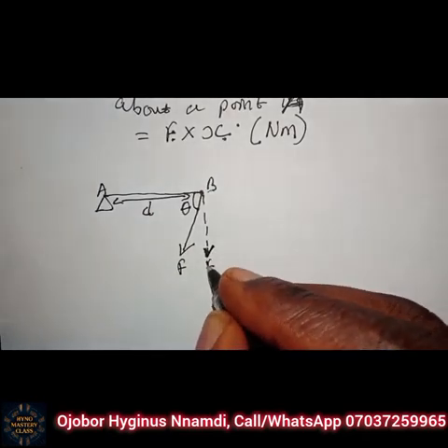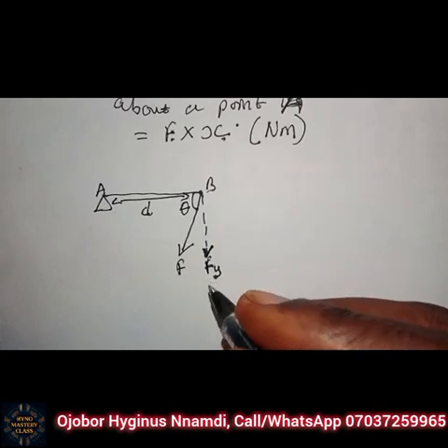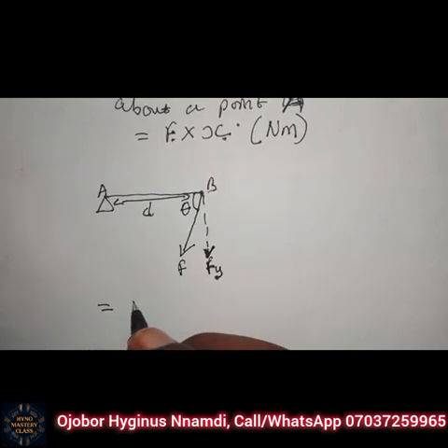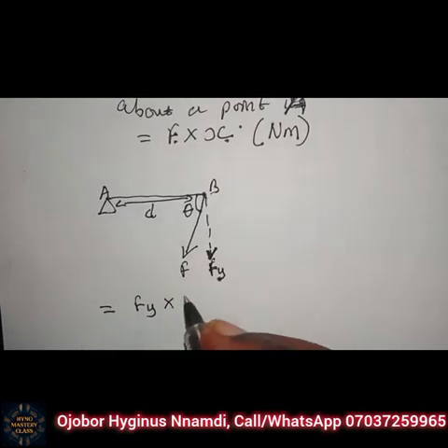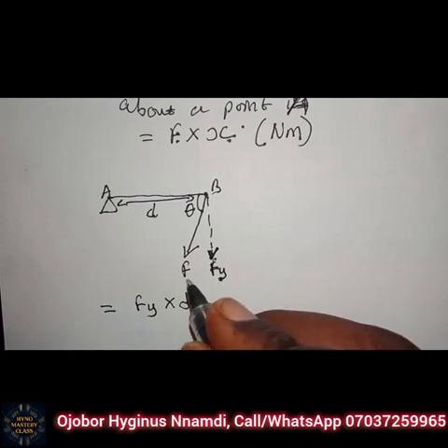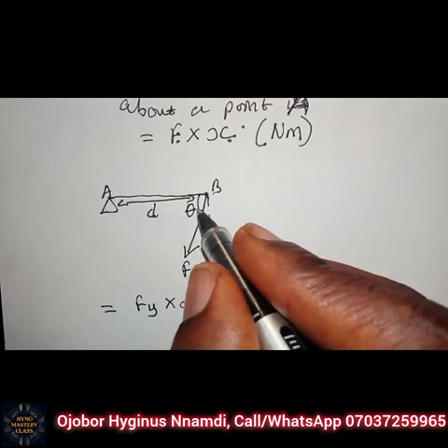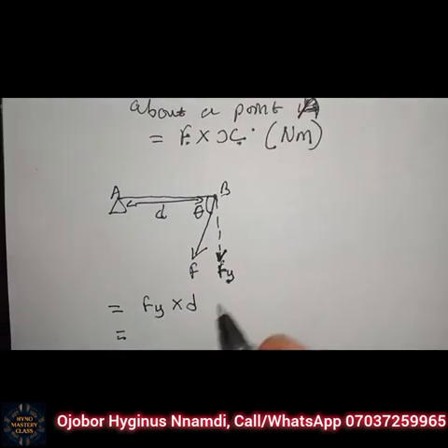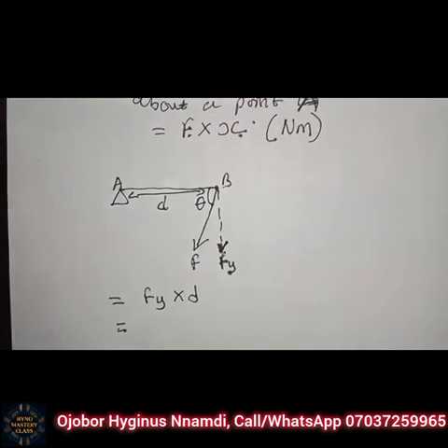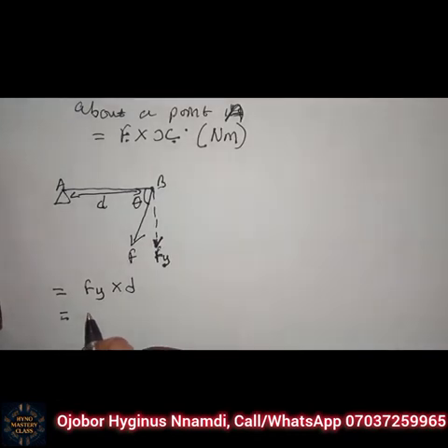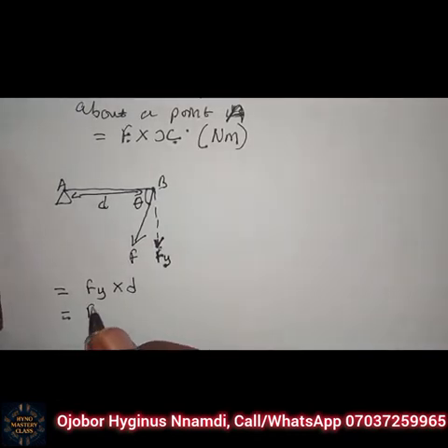If we are resolving it to the perpendicular, let's call the perpendicular resolution Fy. It means that the moment is equal to Fy times D, and Fy is not given, instead F is given. Resolving a force away from an angle, the simple thing we ought to do is to multiply the force with the sine of that angle.